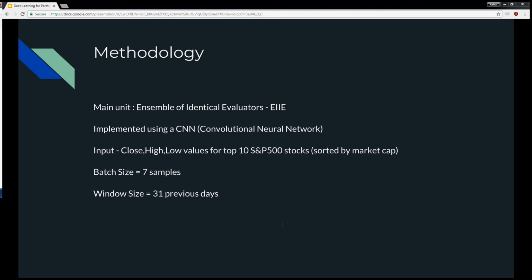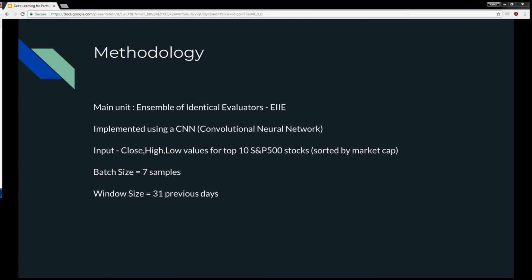The methodology for our project is that we implemented a main unit, that be the ensemble of identical evaluators. These are independent evaluators, so each of these looks at an individual stock's history and then decides a suitable predicted score for it. The scores from all the 10 evaluators are then input into a softmax function to give the final weight vector for the 10 stocks, and we implemented this evaluator using a CNN, that is a convolutional neural network.